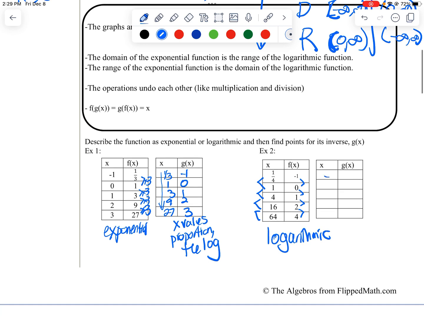Because if we switch those, -1 and 1/4, 0 and 1, 1 and 4, 2 and 16, 4 and 64, we can see that now it's exponential because we're multiplying by 4.